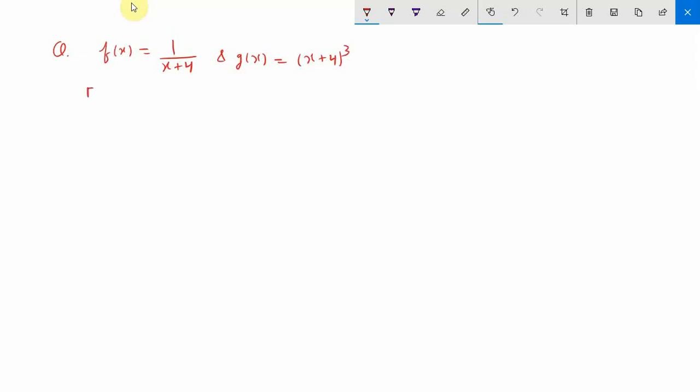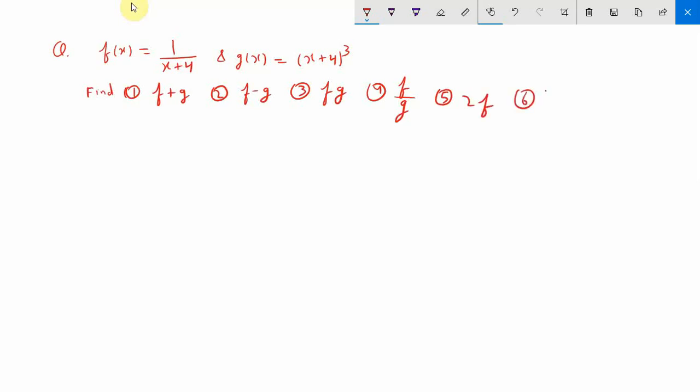Then we have to find: first, f plus g, addition. Second, f minus g, subtraction. Third, multiplication, f into g. Fourth, quotient, f by g. Fifth, scalar multiplication, which is 2f. Then sixth, reciprocal function 1 by f, and seventh, reciprocal of g. Okay, so all we have to find this.